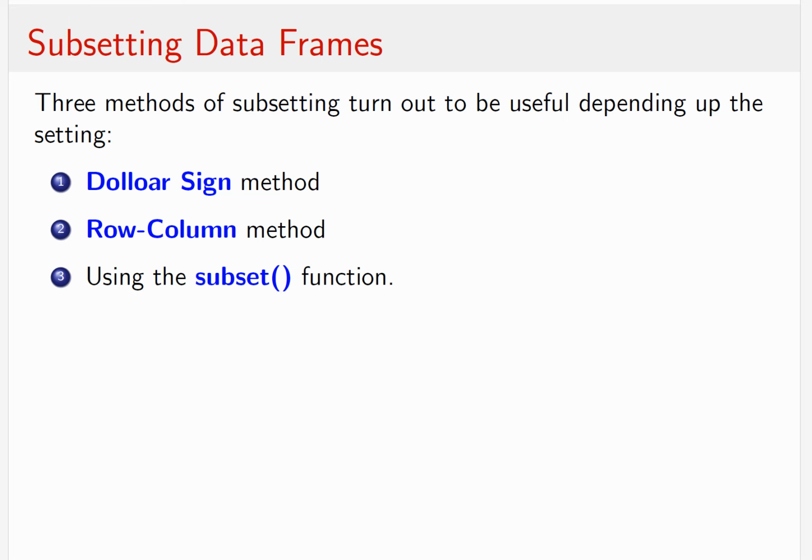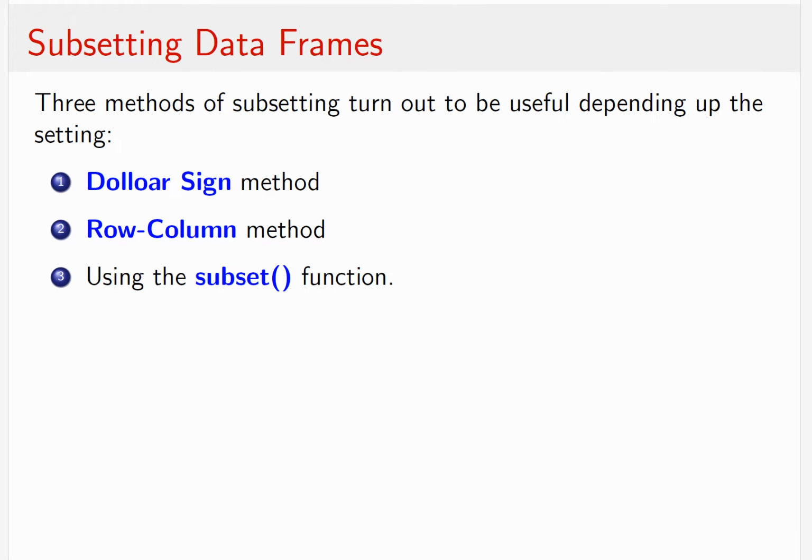All right, so we've got 3 methods that we use for subsetting. And wait, I have a typo right there. The $ method, the row column method, and we can use the subset function. Now, it turns out this is the most sophisticated one, but it's really useful when we have to ask compound questions.